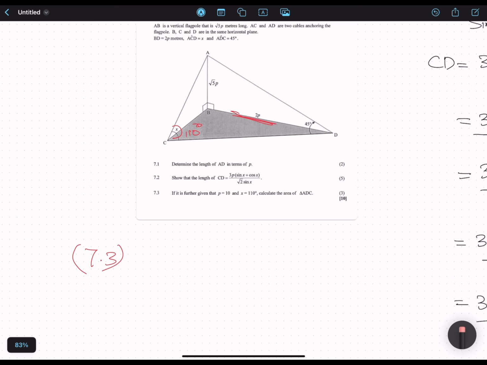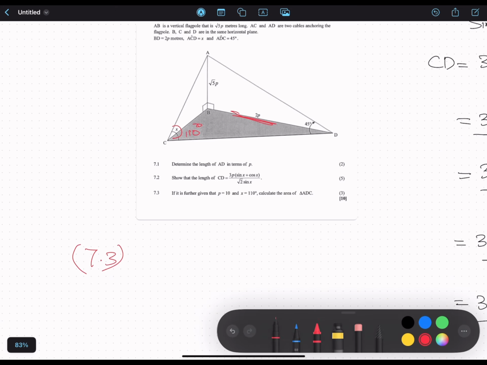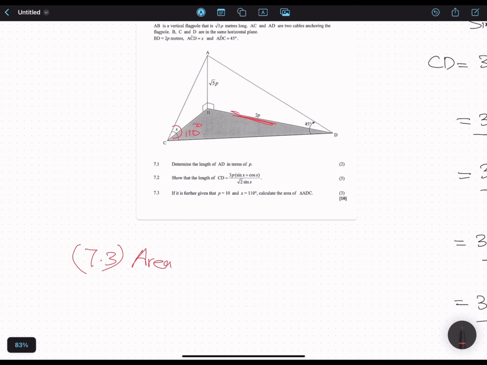The area of triangle ADC is given by half. This is the formula of the area.